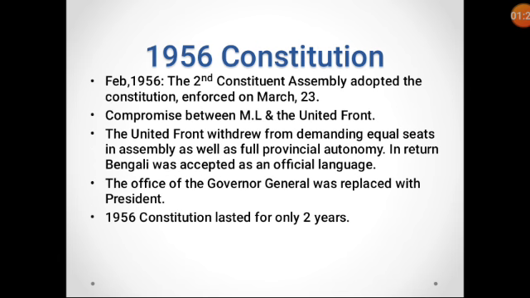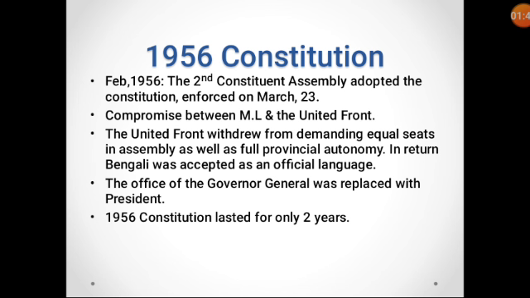1956 Constitution. That constitution was adopted on 29th February 1956 and it was enforced on 23rd March 1956. Basically, it was a compromise between two important political parties, the Muslim League and the United Front.